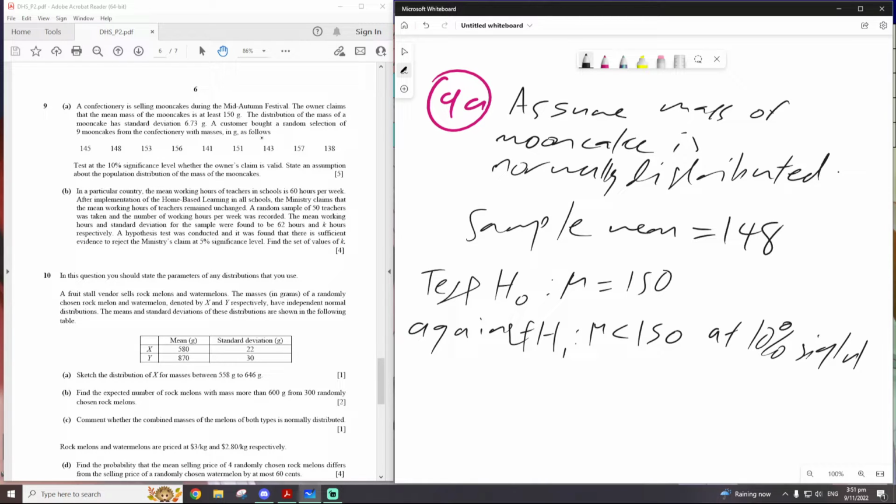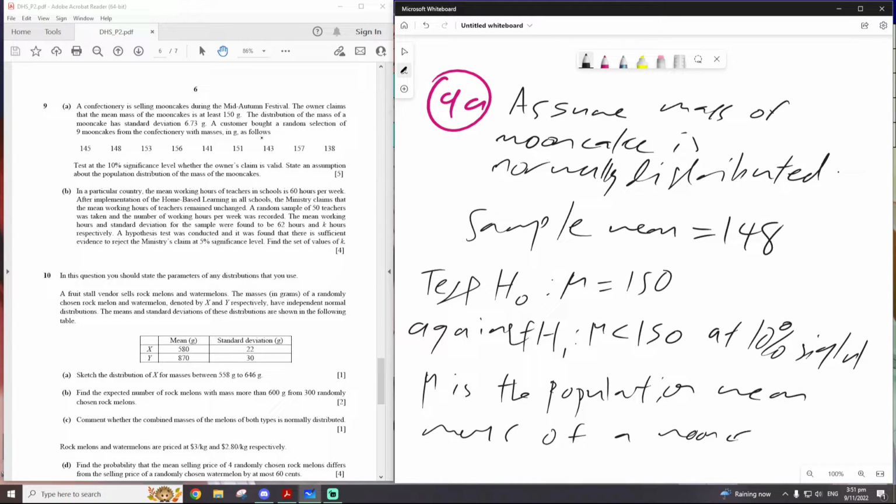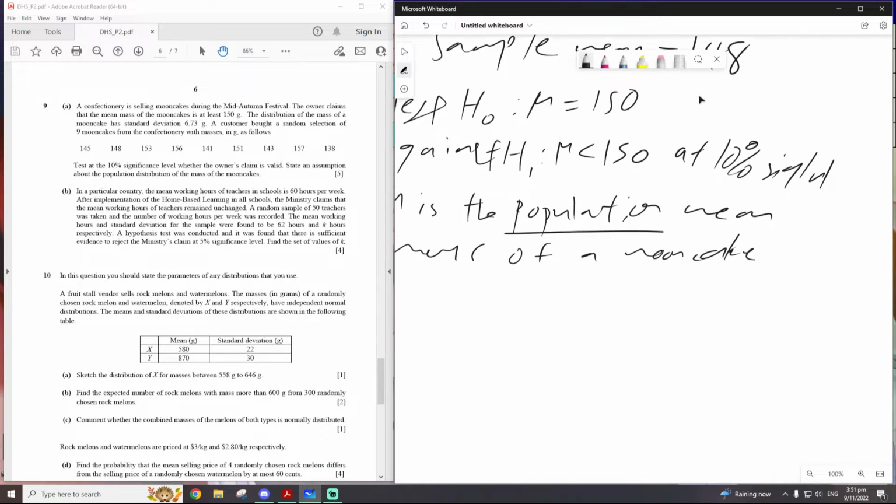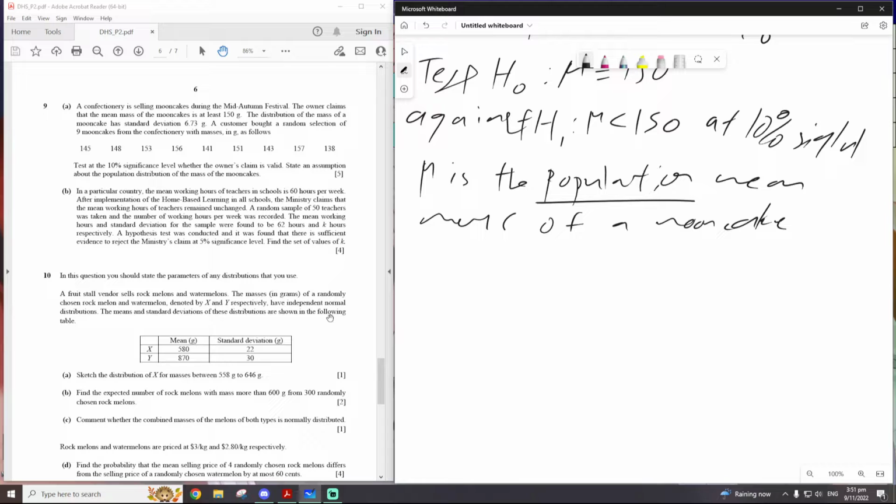What is mu? Mu is the population mean mass of a mooncake. Okay, this is the population mean. Okay. On the other hand, X bar is the sample mean mass.